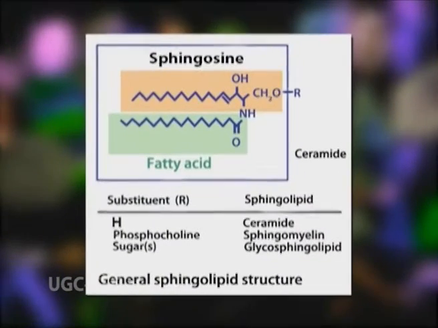This combination of a sphingosine with a fatty acid by amide bond is called the ceramide unit. Since all sphingolipids contain a common ceramide unit, it is the varied head group attached to the sphingosine which accounts for the different types of sphingolipids.